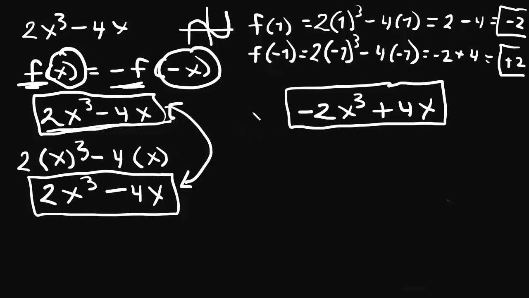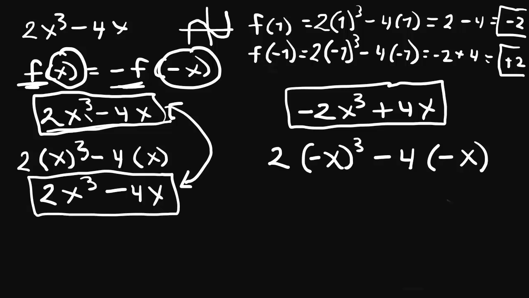Now let's see what happens when we substitute a negative x. Do we get the negative of our original function? So let's take the original function, 2, and substituting a negative x raised to the third power minus 4 times negative x. We've got the same original function, but we substituted this time a negative x instead of an x.